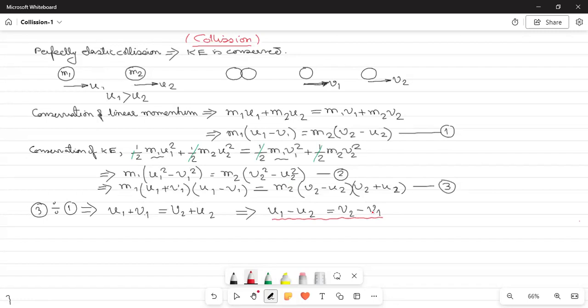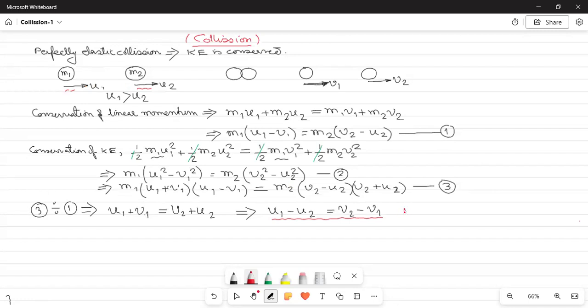We find here u1 is a larger speed, u2 is a smaller speed at the beginning, right? That means u1 minus u2 is the relative velocity at approach, relative velocity before collision.